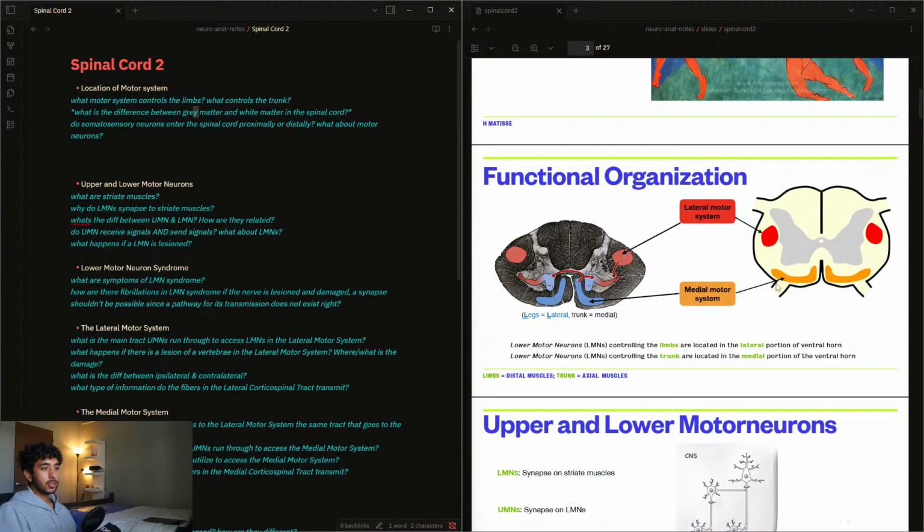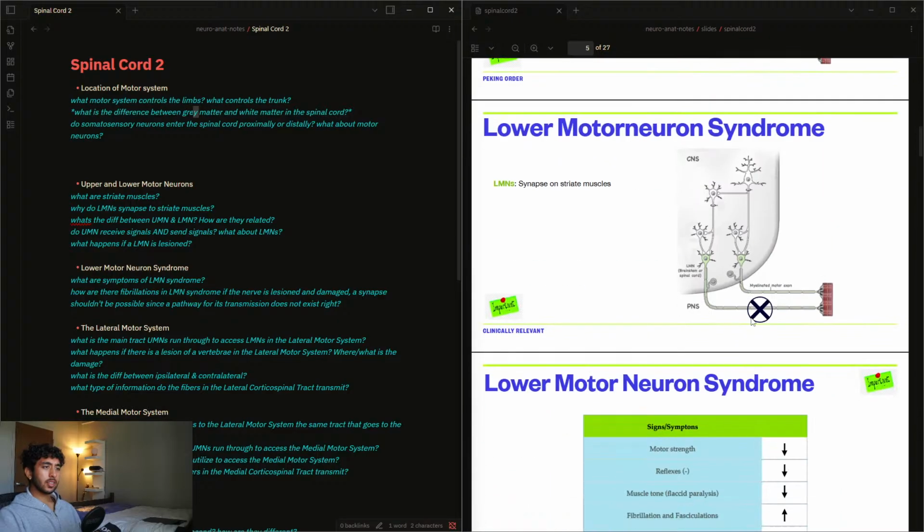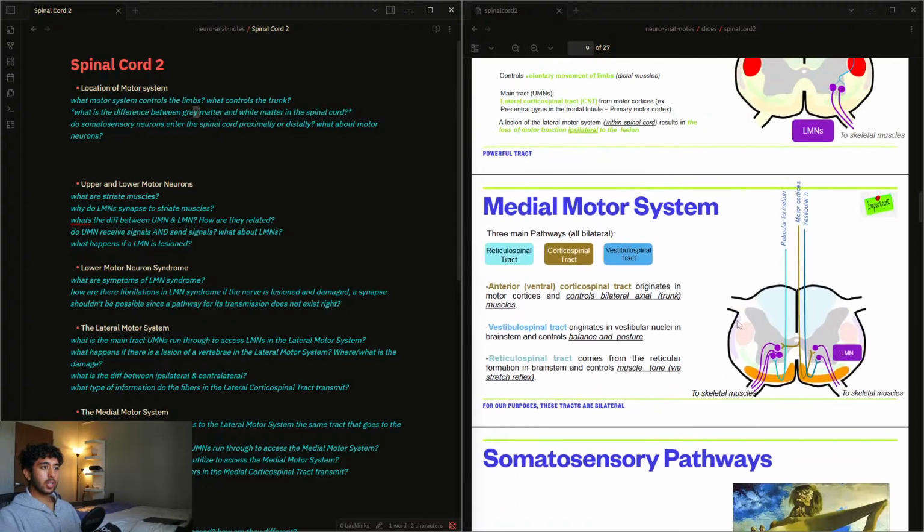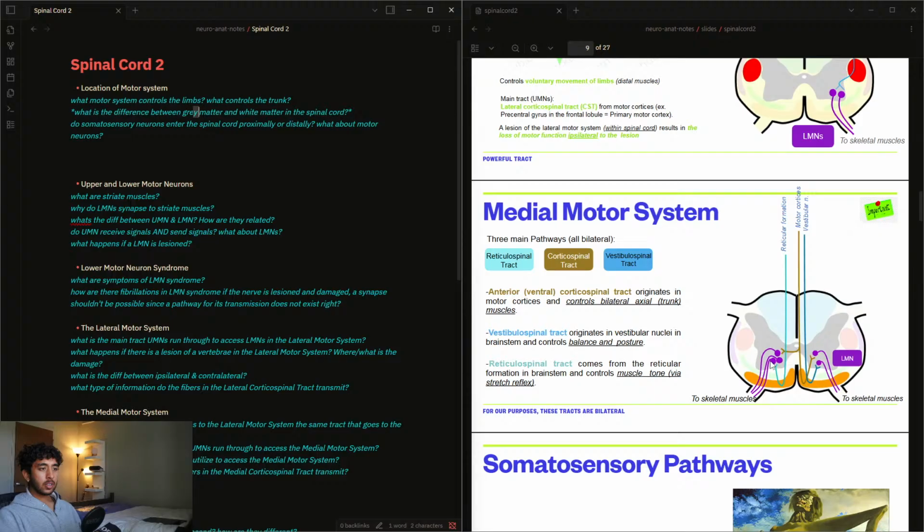So this is the motor systems. Well, let's think about this. The motor systems go from the brain down, so I would say yes. And we can fact check this. So here, yeah, they go through.